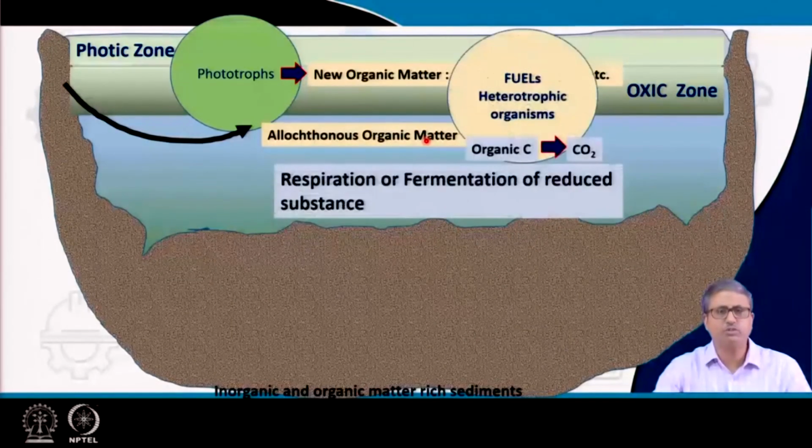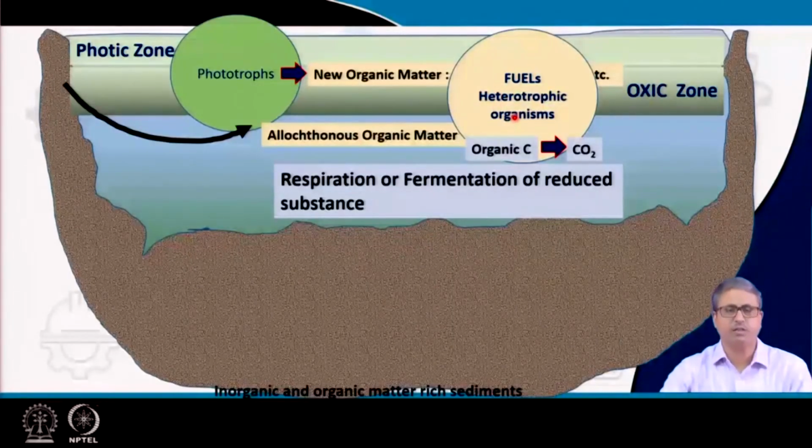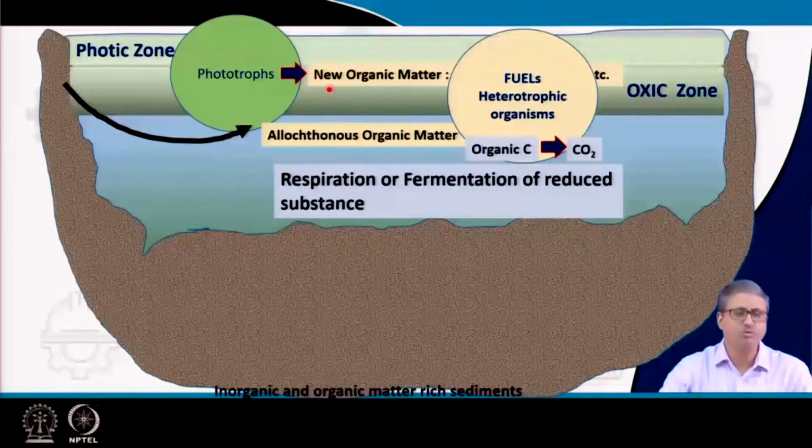Now, within the oxic zone, it is expected that this organic carbon will fuel the growth of heterotrophic microorganisms. So, heterotrophic bacteria and heterotrophic archaea would metabolize the organic carbon, no matter whether it is autochthonous or allochthonous. Autochthonous means produced in situ, and allochthonous means externally derived.